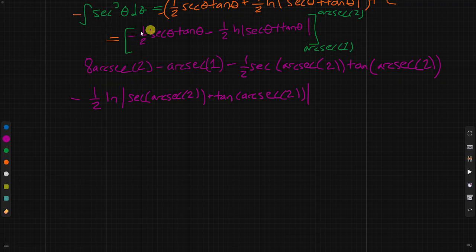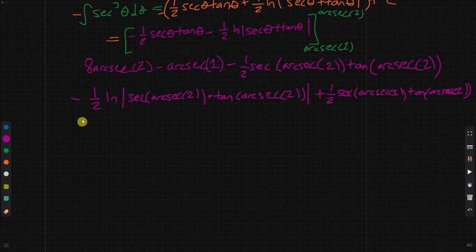So subtracting this whole thing is just going to be minus minus, which is plus 1/2, and this is going to be plus 1/2 as well. So I'm going to do plus 1/2 of secant of arcsecant of 1 times tangent of arcsecant of 1, right?